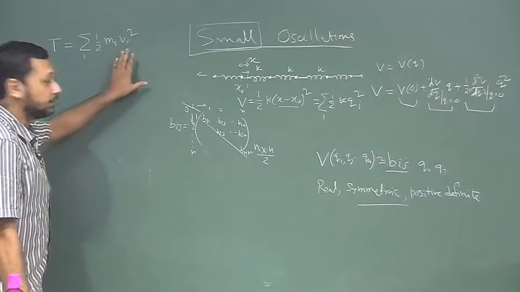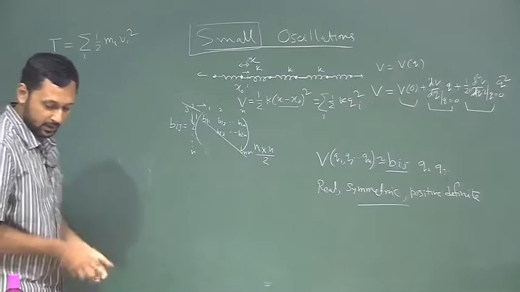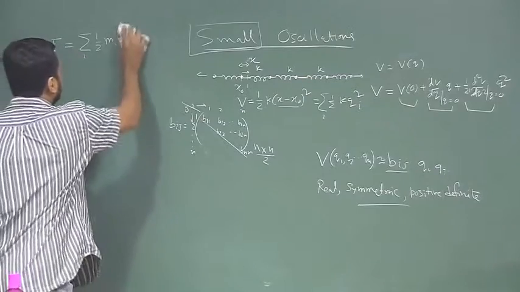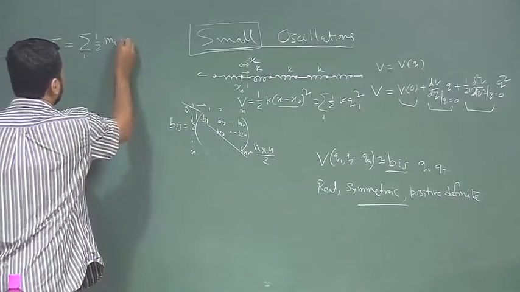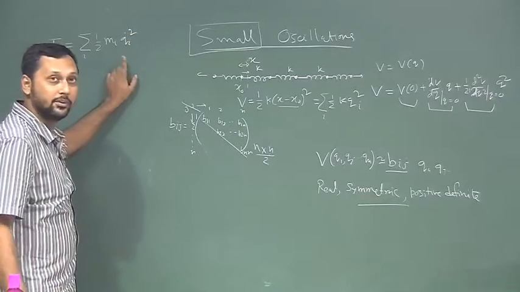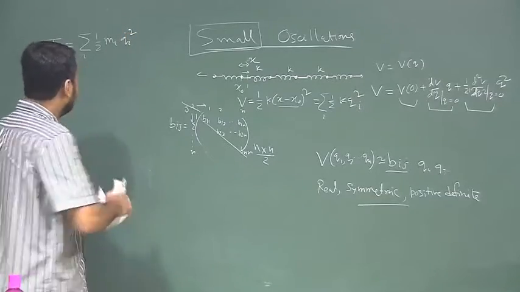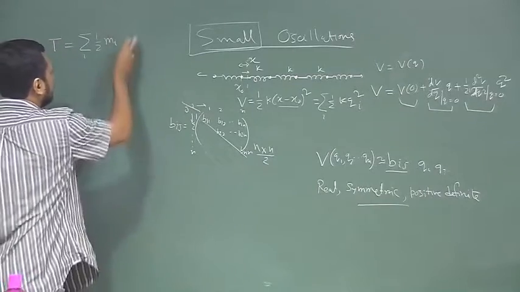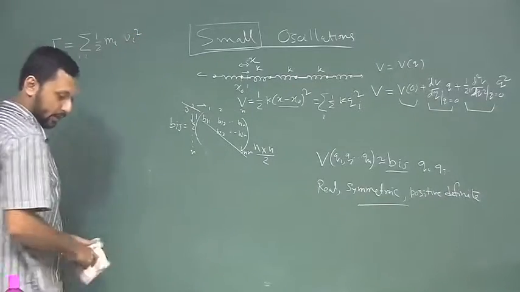Where v_i is the velocity of each individual particle, you can also write it as q_i dot square. Now, if I do that, it will be very long. Why? I will show you once again.